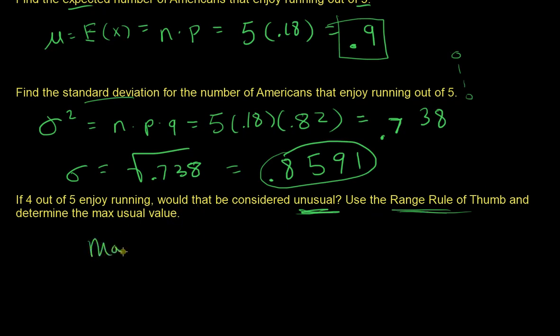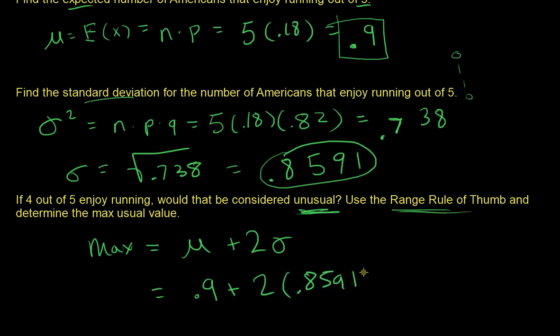So the max unusual value, using the range rule of thumb, is the mean plus 2 times the standard deviation. And you need to know this, okay? This needs to be something that you know. You're able to calculate this. So mu is 0.9, 2 times 0.8591.